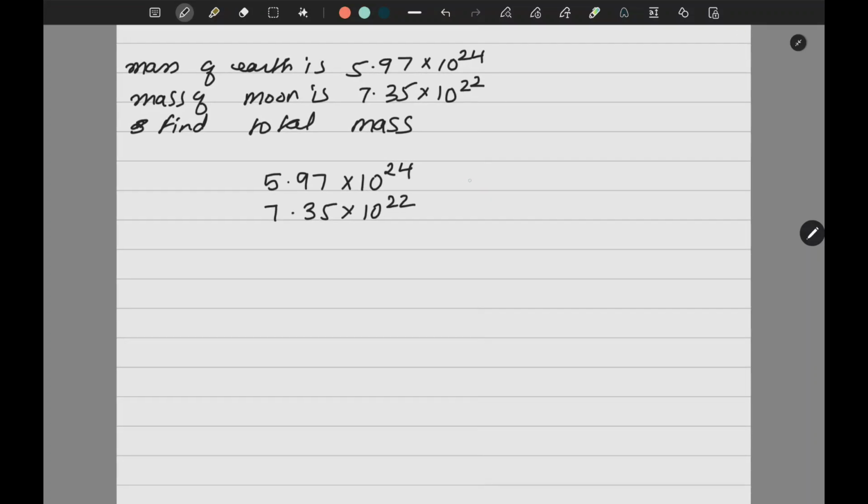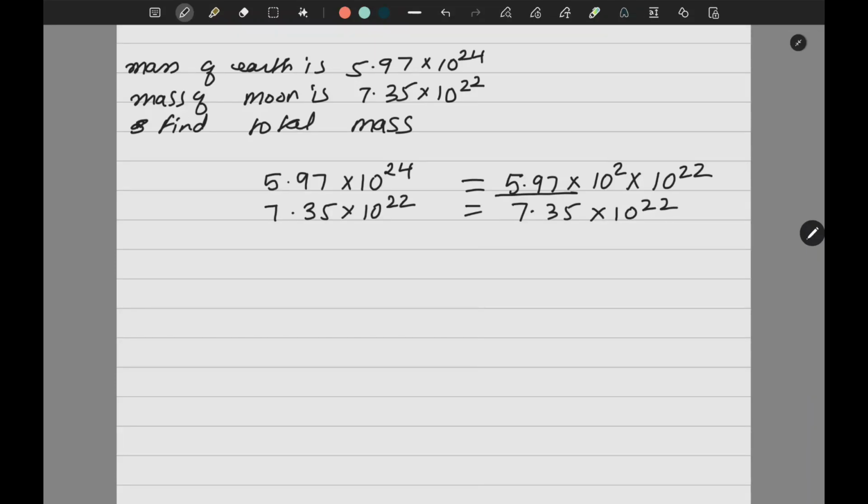So what I can do is take out 10 squared. I can write 5.97 into 10 squared into 10 to the power 22, and here 7.35 into 10 to the power 22. So I got these two results.